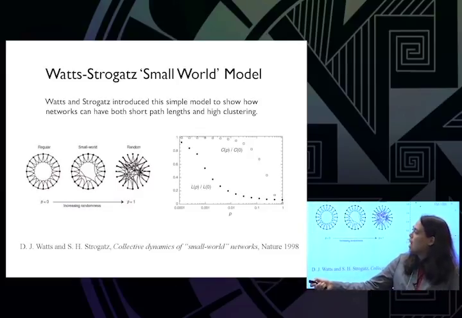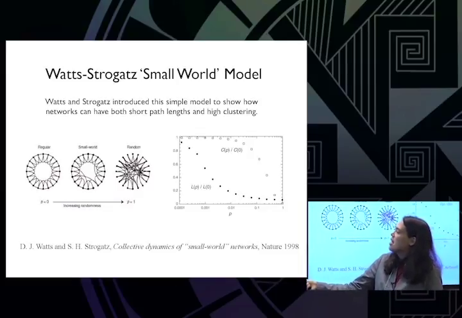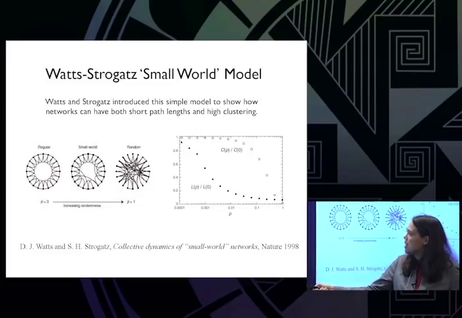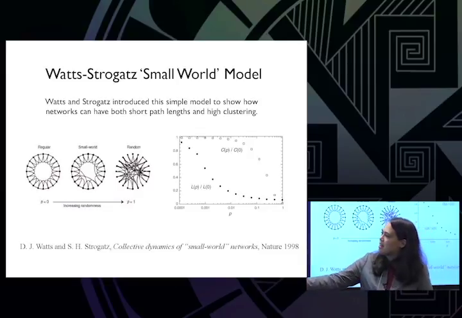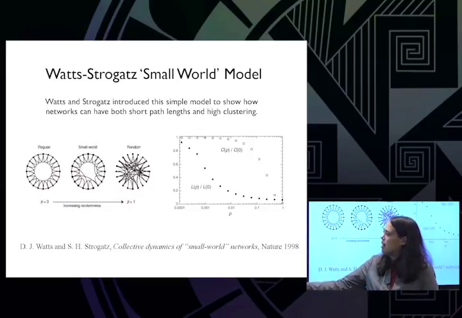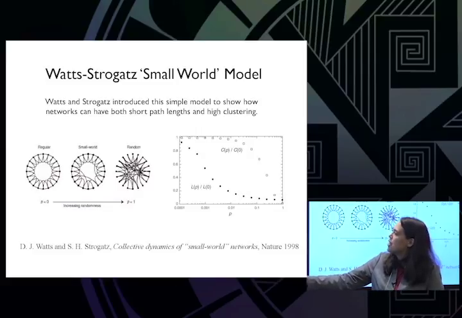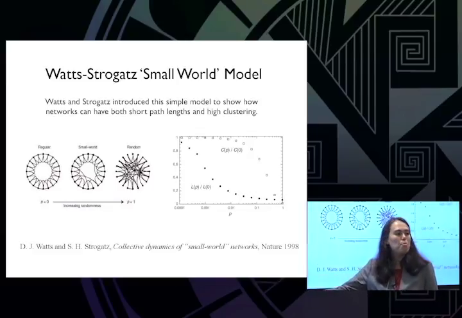Okay, so this top curve with the open squares is the clustering coefficient at this level of p divided by its value when p equals 0. At p equals 0, you have high clustering, and then you keep having high clustering for quite some time, but your path length, as you increase this rewiring probability, drops much sooner.